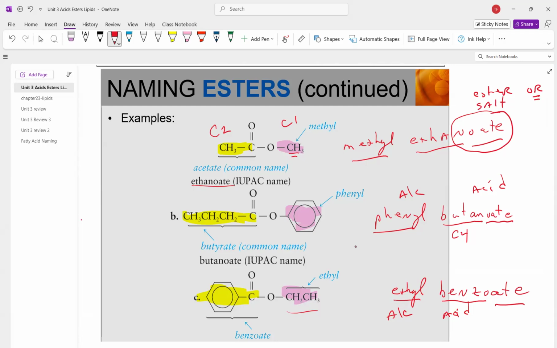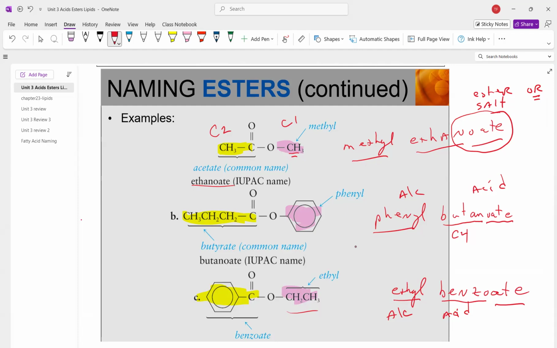Now the noate indicates one of 2 things, an ester or a salt. What I mean by salt is that the H came off the acid, so it's going to be sodium or potassium. With an ester, it's in two parts. You have the alcohol part named first.